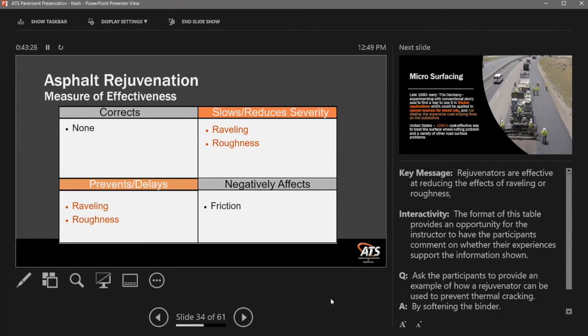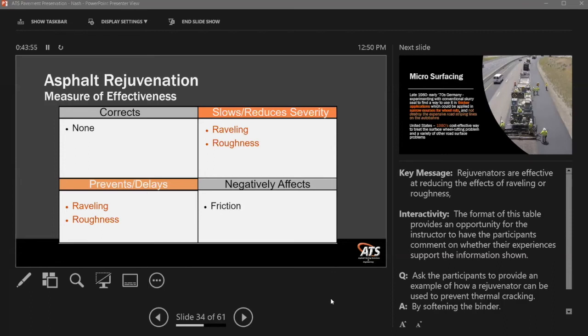Let's launch number 2. Which of the following is not an example of a surface treatment? We got 71%. Can we hit 100% again?